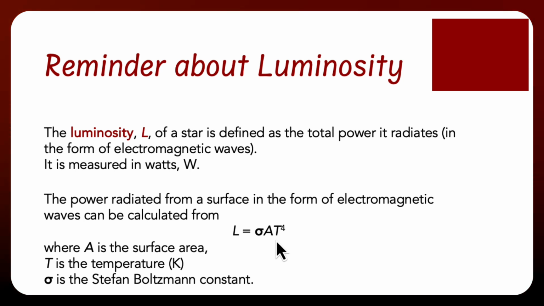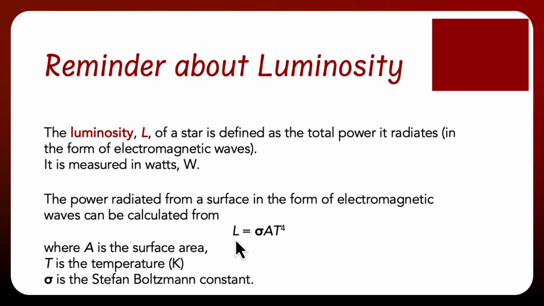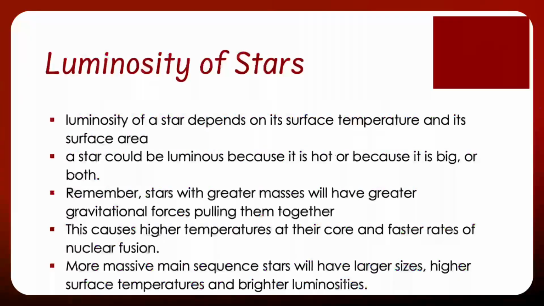What we'll find is that a star that has a higher temperature will give off more power. Likewise, a larger star will give off more power. So a luminous star could be because it's either very large or very hot.